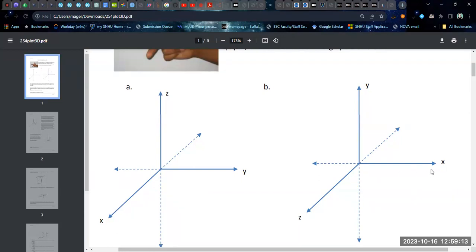I have seen some textbooks keep the XY plane on the paper and then Z come out of the paper. But it is more common to have Z pointing upward. And so that's the version of this that I'm going to use in this demonstration.